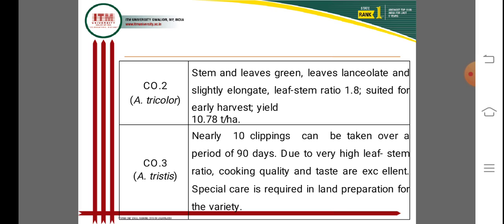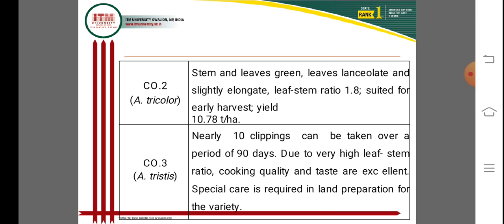It is suitable for Tamil Nadu, Chhattisgarh, Madhya Pradesh and Maharashtra. It is a very common variety for growing Amaranthus in these states.